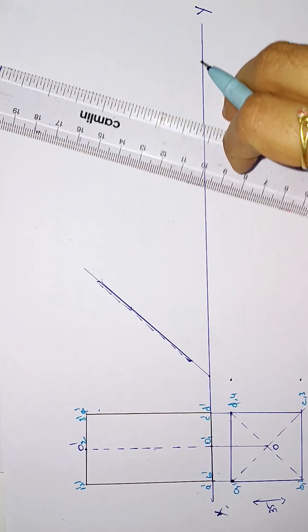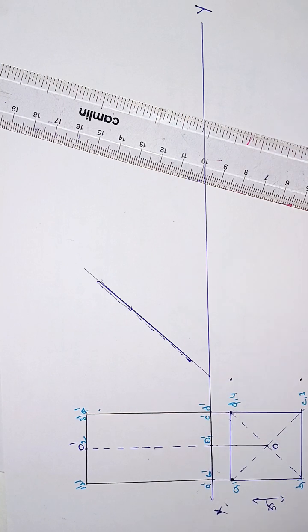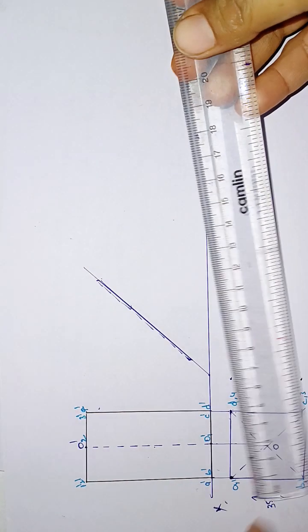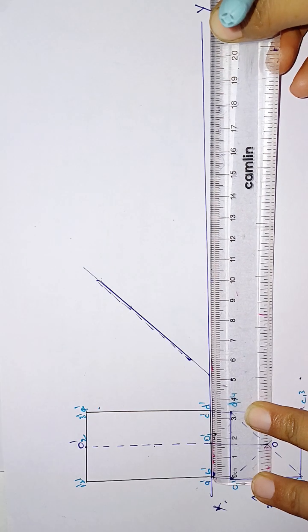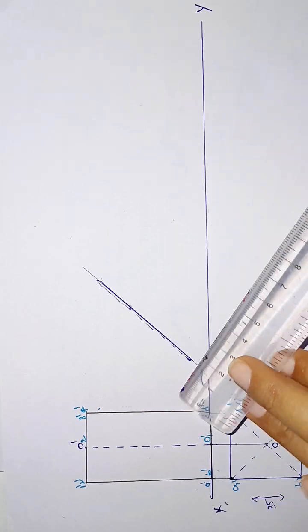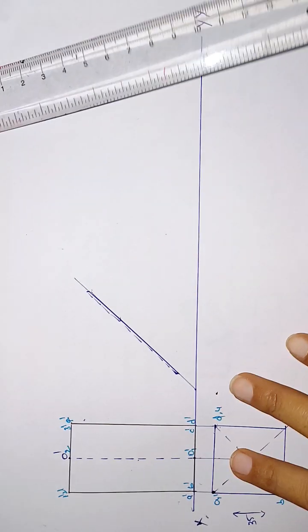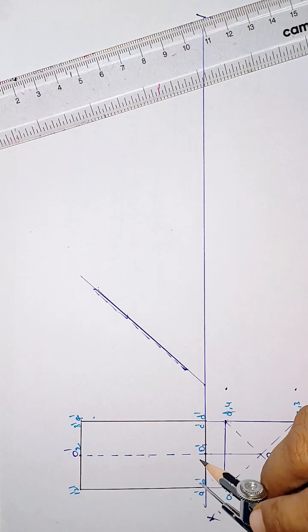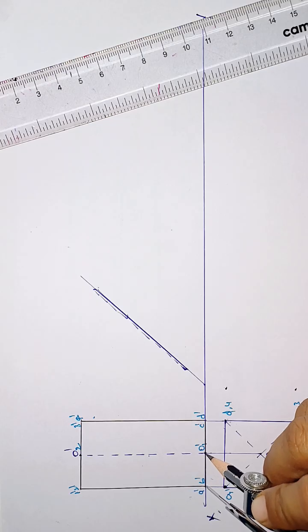And next you have to take a compass or take a scale for the distance, this one A prime to D prime. Exactly, this A prime to D prime is 35 mm. So 35 mm you have to draw with the compass open.